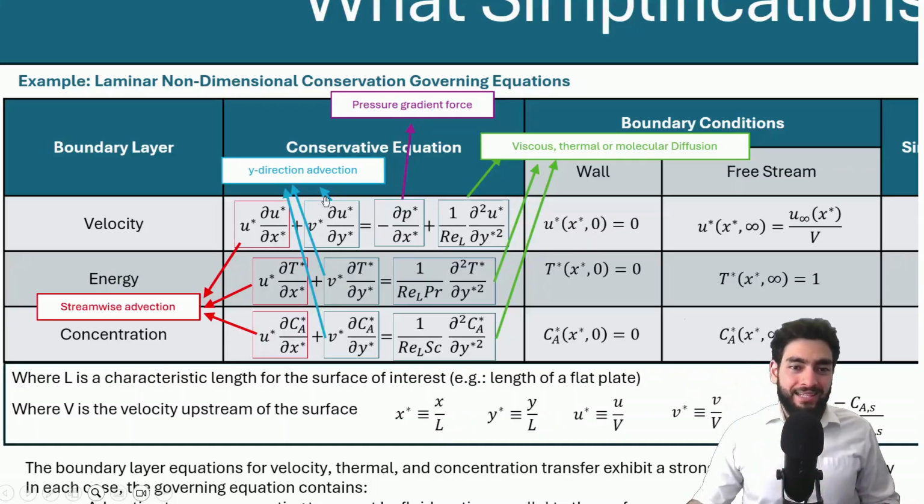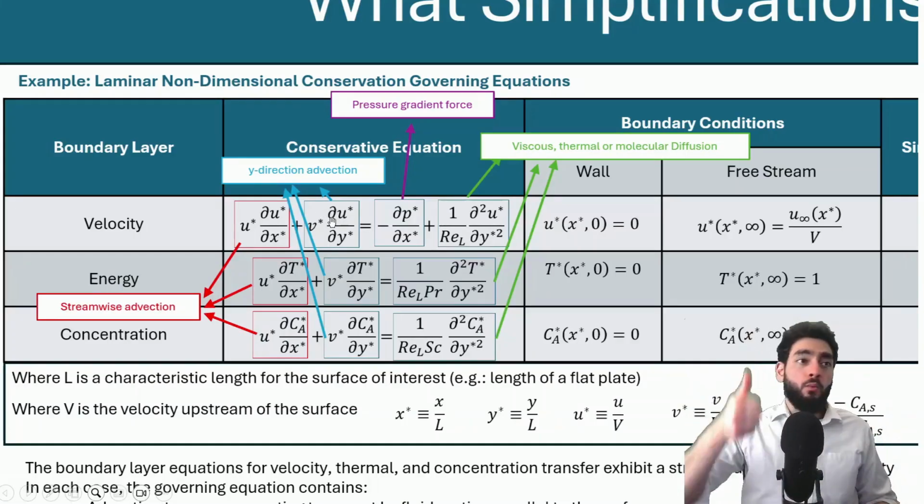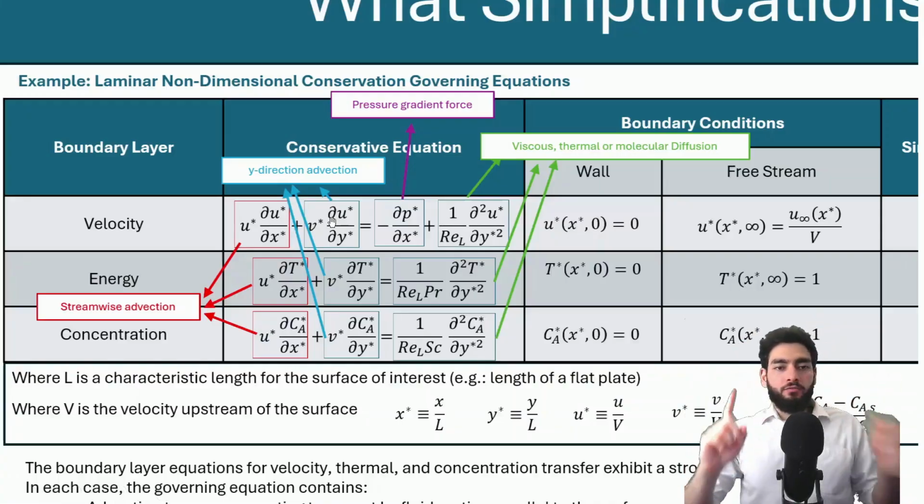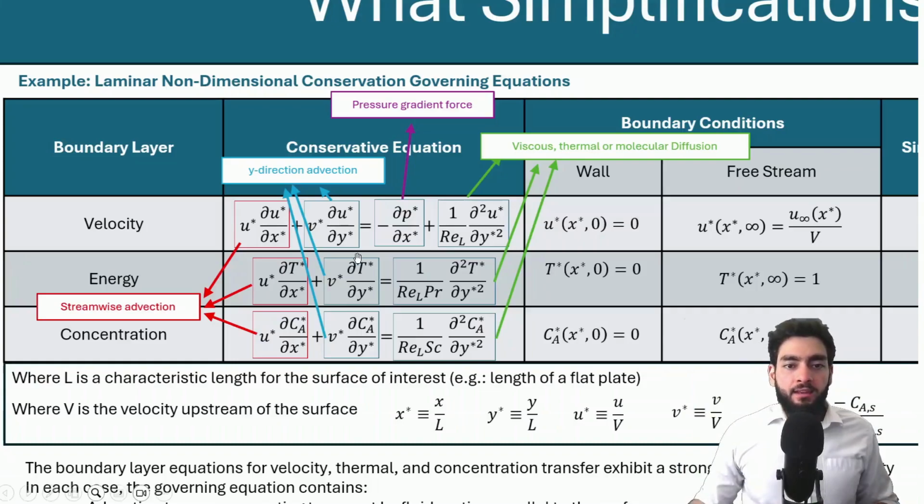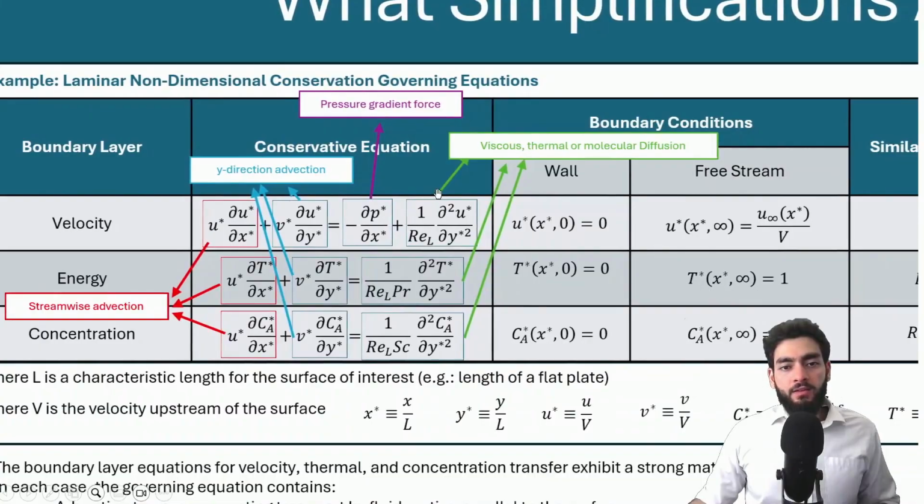And then the second term in the advection is the advection in the y direction, which is normal to the bulk of the flow. And then on the other side of the equation, for the momentum balance, we have a pressure gradient force term. But then the following term is the viscous diffusion term.